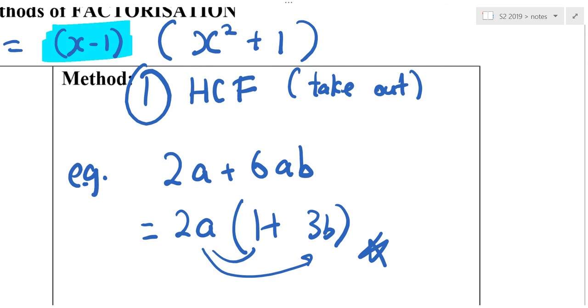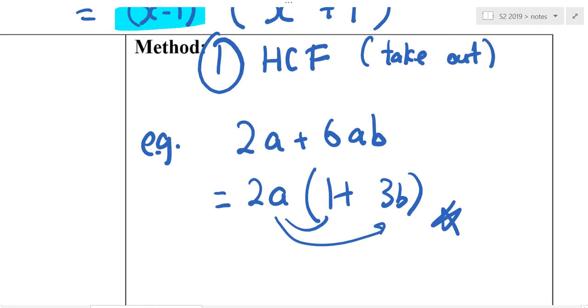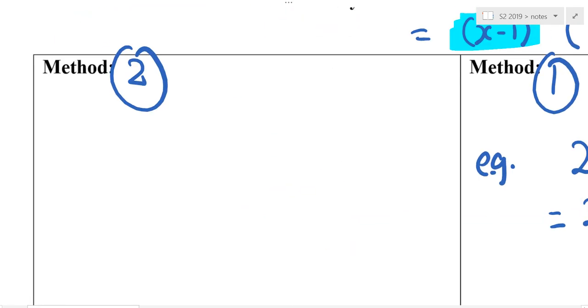Can we go on to the second method now? All done? 3, 2, 1, done. Now, what is the second method that you learned? LCM, not so. The bracket. Okay, can we write down? Grouping.